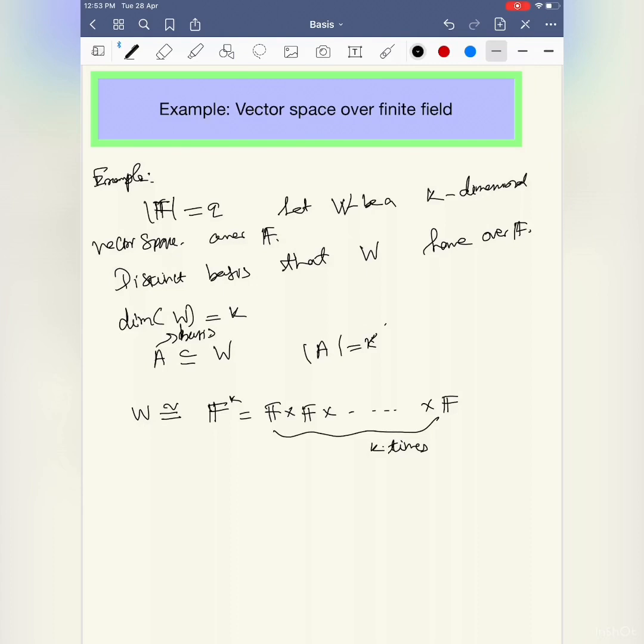So up to isomorphism there is really only one. So every element of W looks like a k-tuple, that's the correct word to say.